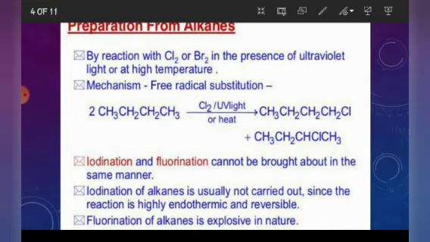If you refer to your NCERT, it comes under the heading preparation from hydrocarbons, and the first method is preparation from alkanes. Okay, now see what is written. By reaction of Cl2 or Br2 in the presence of UV light, ultraviolet light, or at high temperature.